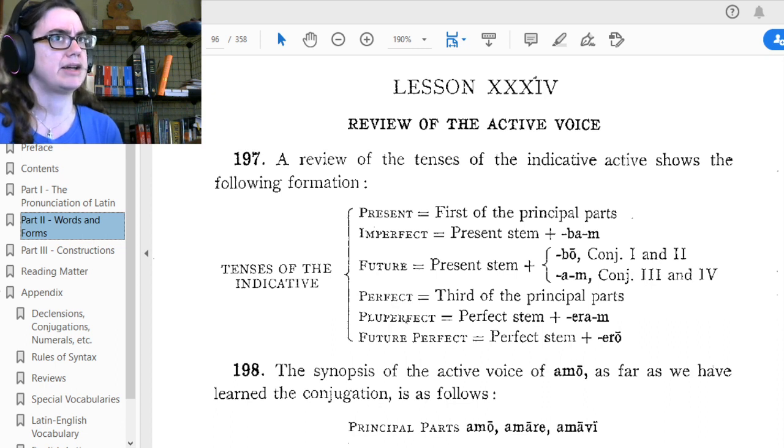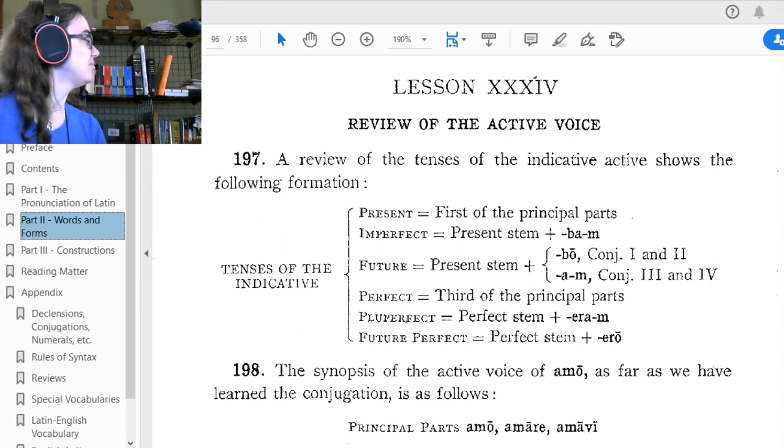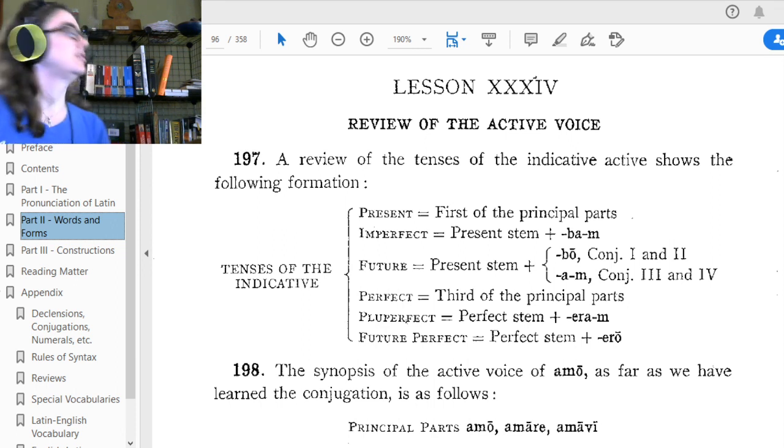We'll know all the active and passive for the indicative. And then we just need to learn how to make the indicative into subjunctive. And that's pretty much all the conjugated verb forms. Then we get participles too. Cat's going crazy somewhere. He's attacking his tail.